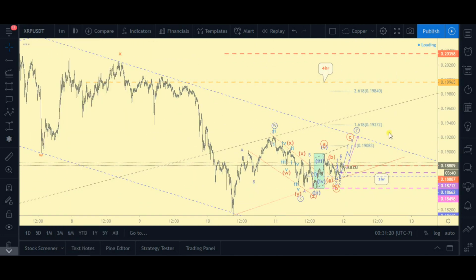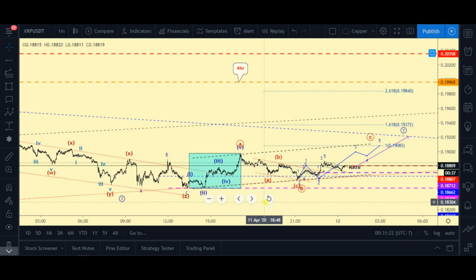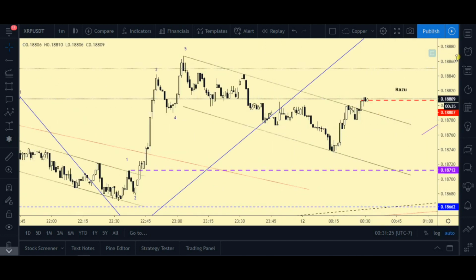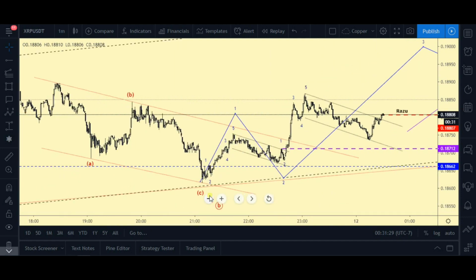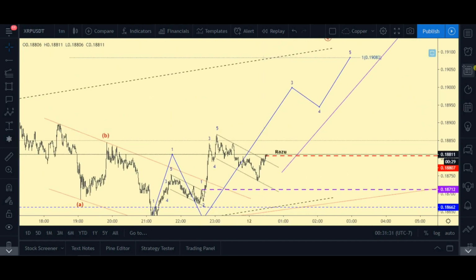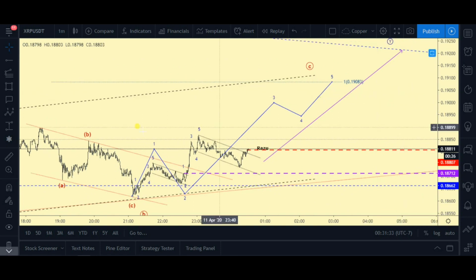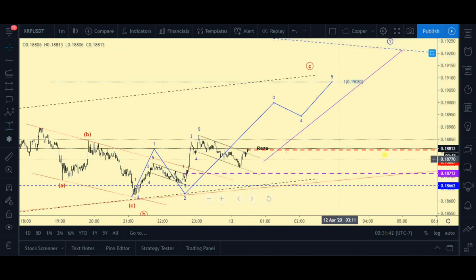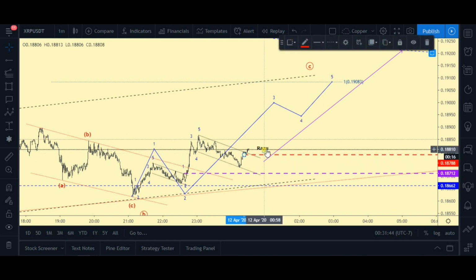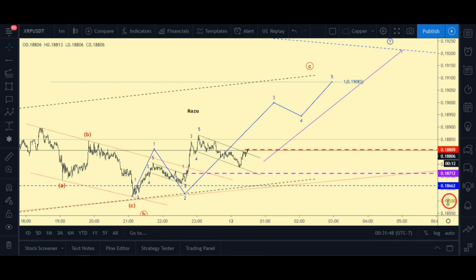So most probably I'm expecting this price to go and end here in this channel line. So how much would that be? Around above 2%. Since I put my buy here, so this is my buy.